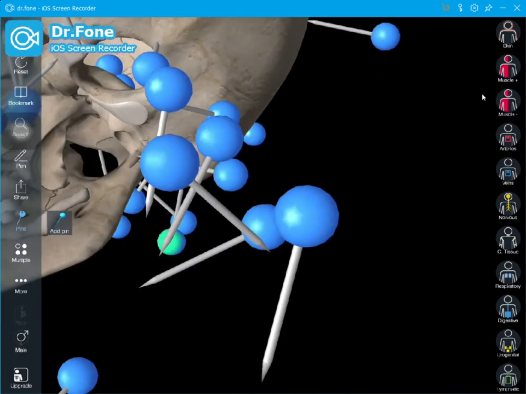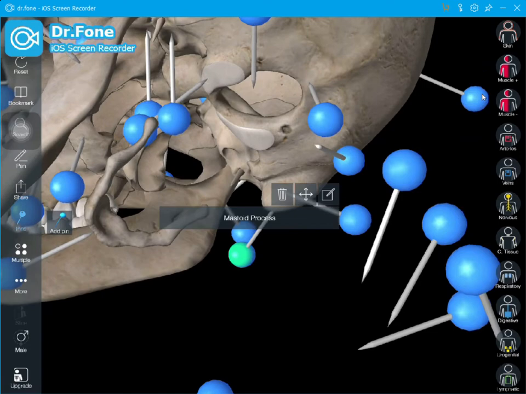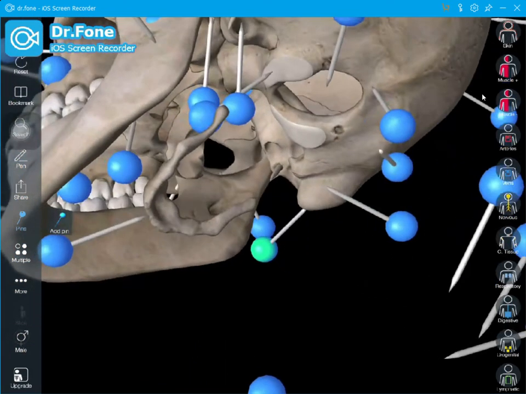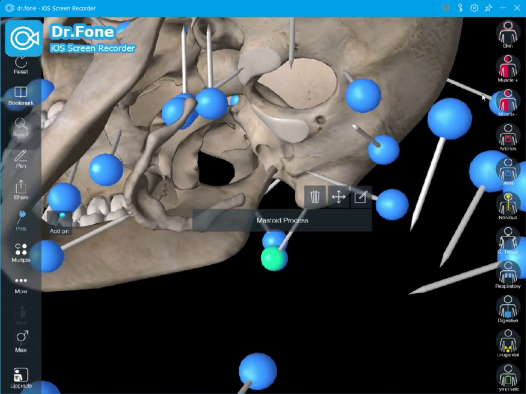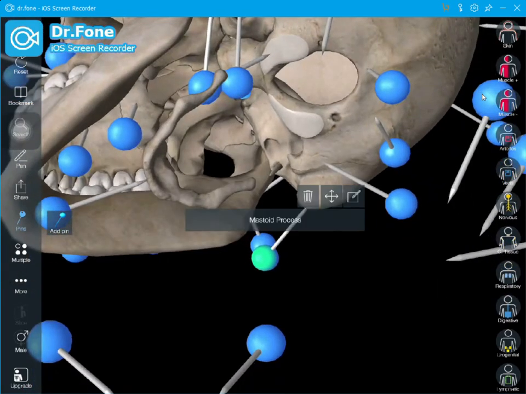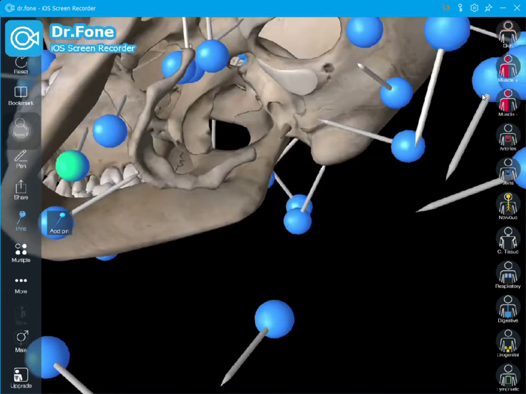Mandibular fossa. Let me just try to get a better view. The bottom. Okay, so if you could move your tongue and touch the top of your mouth, you'll be touching the palatine bone, or the hard palate.